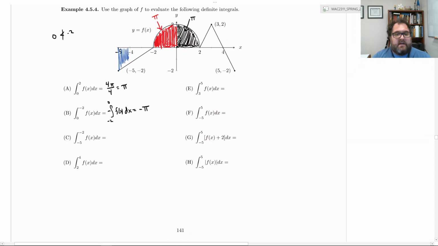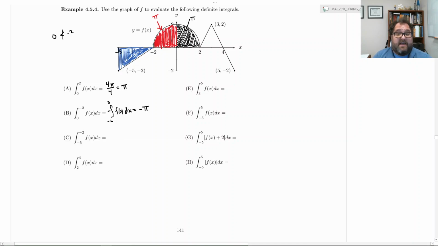Since this entire region is below the x-axis, that tells me that my answer is going to be the opposite of area. Of course, the area of that triangle is some non-negative number, but we're not tasked with finding area. Here we're tasked with finding the definite integral.